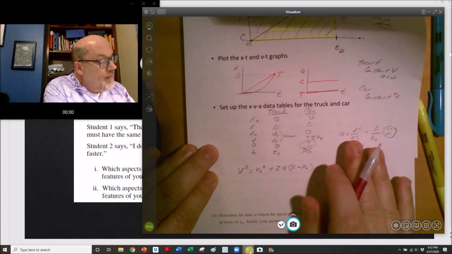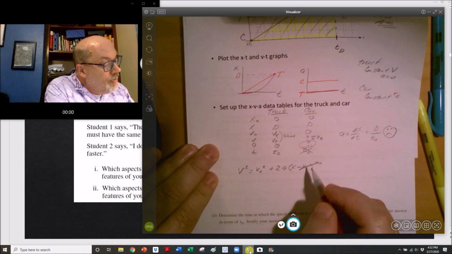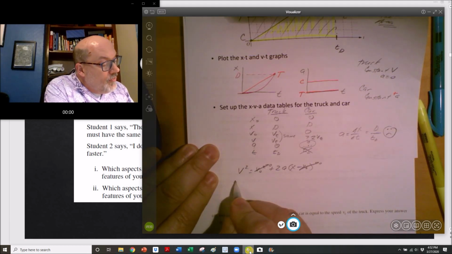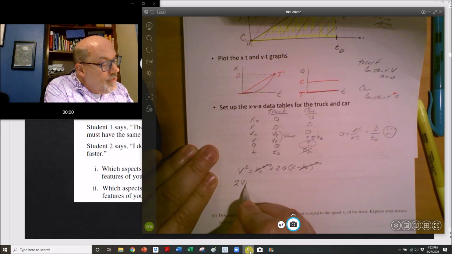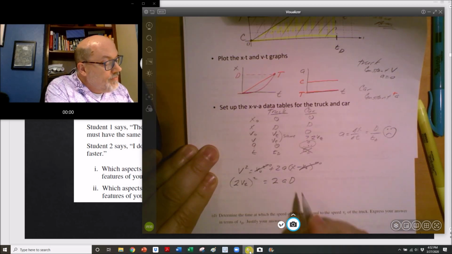And we can see that if we plug in where our zeros are, that's 0, and the initial velocity is 0. So our final velocity has to be twice v_t, squared, equals 2a times d.